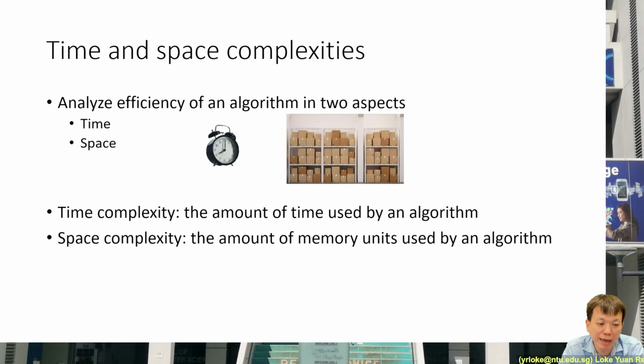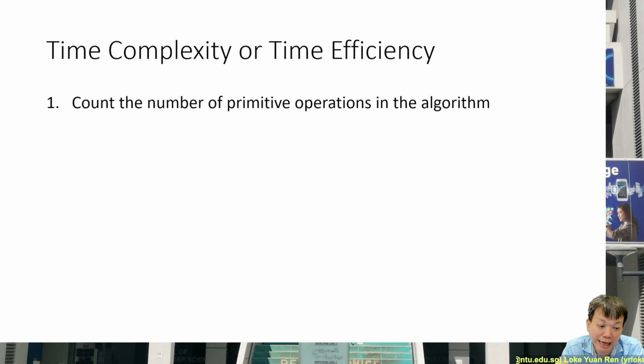And how do we measure the amount of time? Actually, we do not really run the program to test how long it takes, because doing that is unfair, as different computers have different computational power. If you use a supercomputer, of course, it will run much faster than your home or laptop computer. So that is not a fair approach to measure the time complexity.